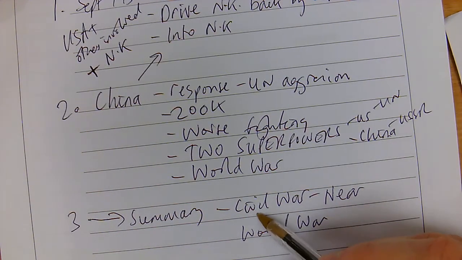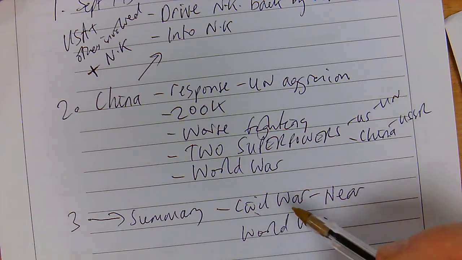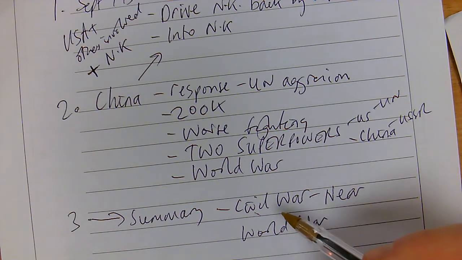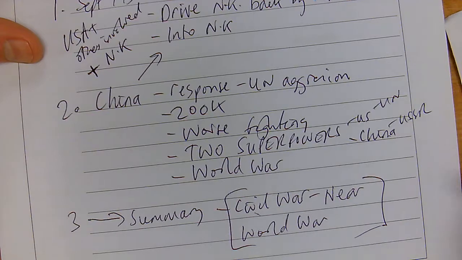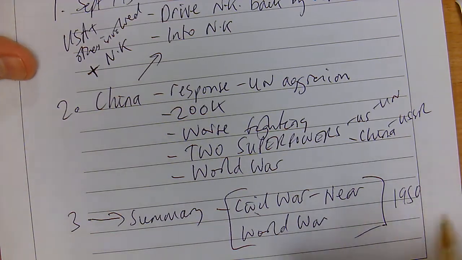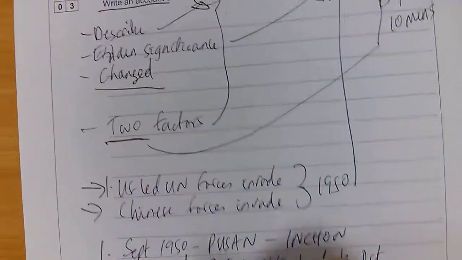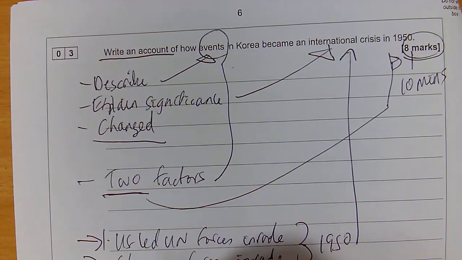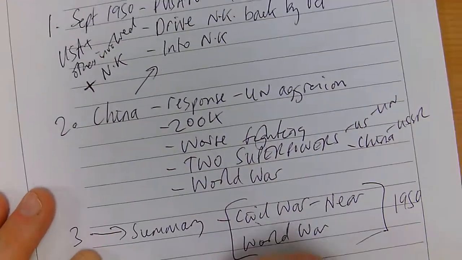So it goes from being, you know, two sides, two halves of the Korean Peninsula fighting each other, to being something in which you've got America, 16 other UN nations, plus China involved, plus the Soviet Union supplying weapons, etc. So it becomes a much more serious event, all in the space of that year. Okay, so hopefully we can see by doing that how you get events turning it into an international crisis.